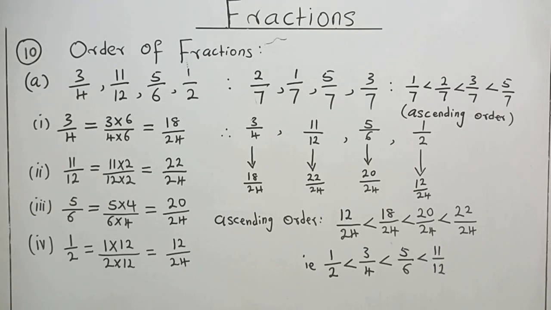If it is descending order you want to make use of, all you should do is to start with 11 over 12 and write it up to 1 over 2. But then, you either use a comma or the symbol which is more than.